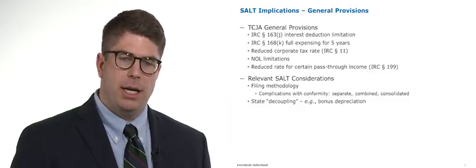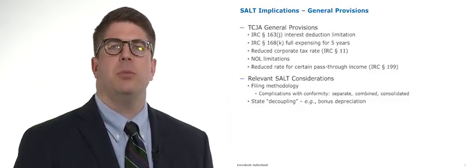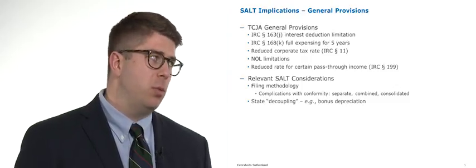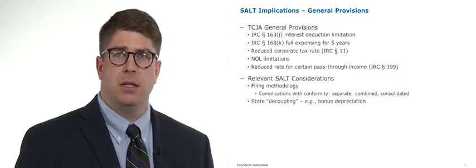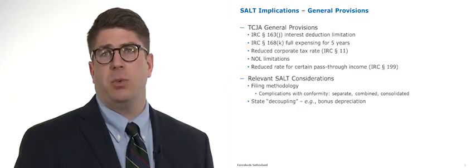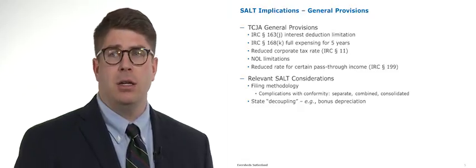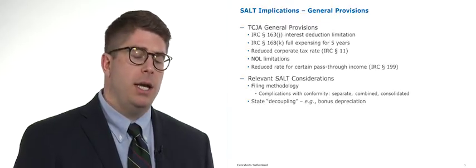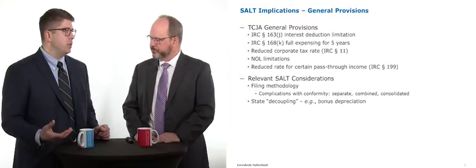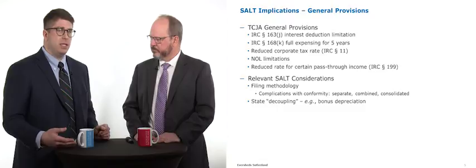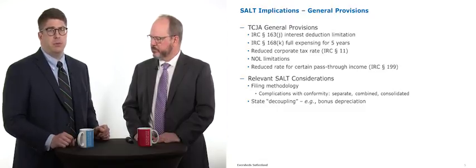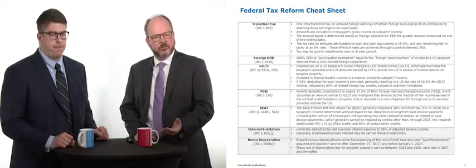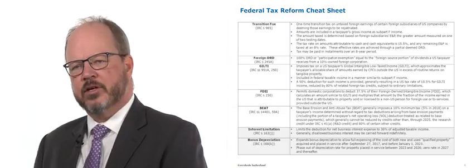A couple of considerations that taxpayers should be aware of in analyzing these two provisions are what your filing methodology is, how that 163(j) limitation should be calculated based on your separate filing, combined filing, or consolidated filing, and whether or not states are historically going to continue decoupling from 168(k) or if they're actually going to conform. Right. Hopefully that gives you a good high-level sense of what state taxpayers have to think about as they look at federal reform.